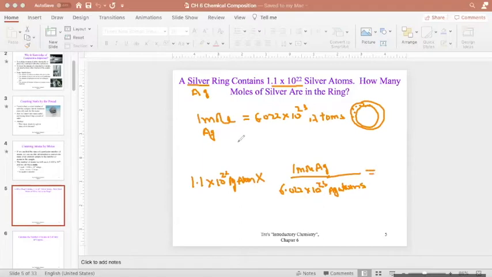Before we solve this problem, we can estimate whether the number of moles should be less than 1 or more than 1. Whatever answer we get over here, it should be more than 1, like 1 point something, 2 point something, or less than 1, meaning 0 point something. We can predict it by seeing this number. How?